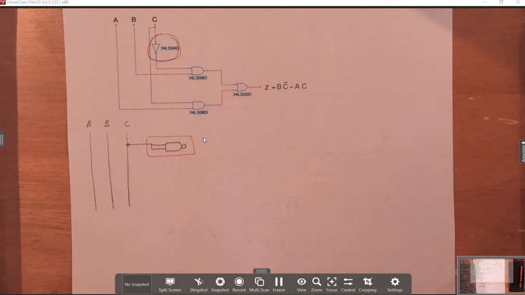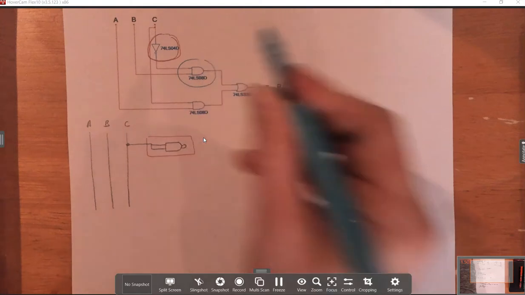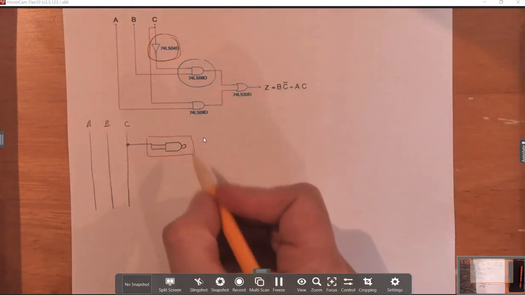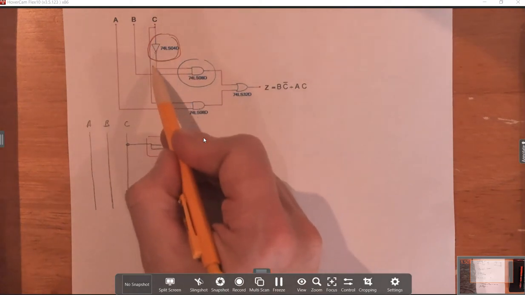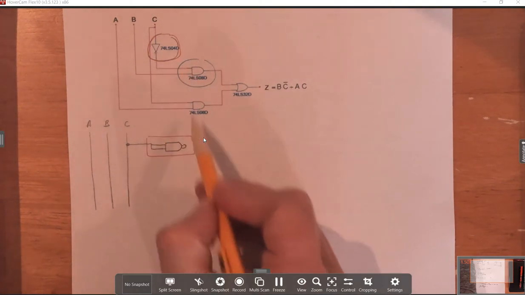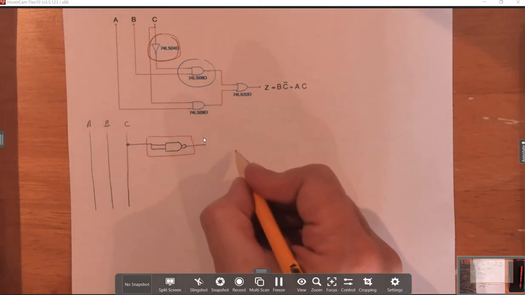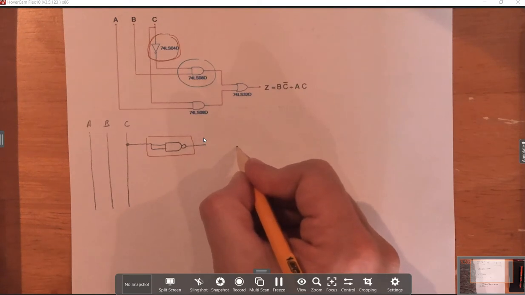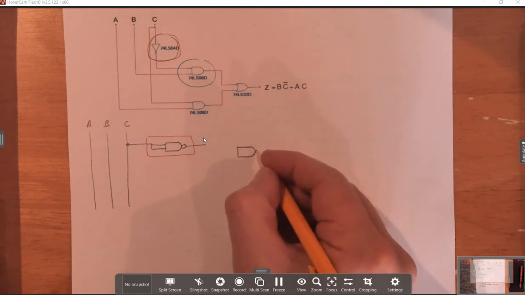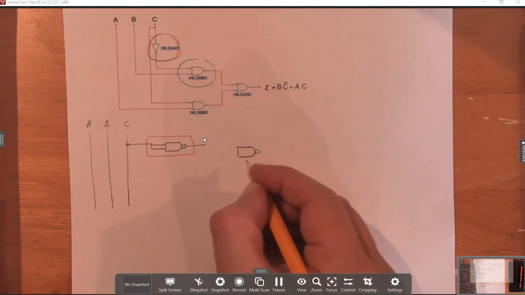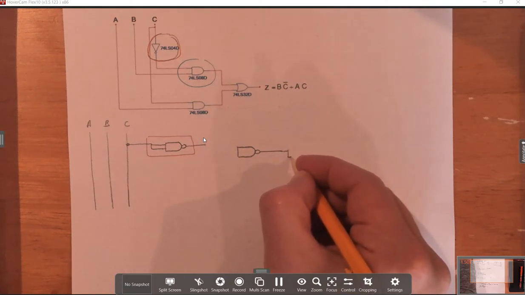Then I need an AND gate, and that AND gate, I don't want to start it right here because really that inverter, the not C that comes out of that has to go into the AND gate. So let's kind of start it over here somewhere. So the AND gate, if you turn back, is the AND logic, I should say. Okay, it's the logic, but we're recreating it with these NAND gates. It is a NAND followed by the output of the NAND going into a NAND used as the inverter.